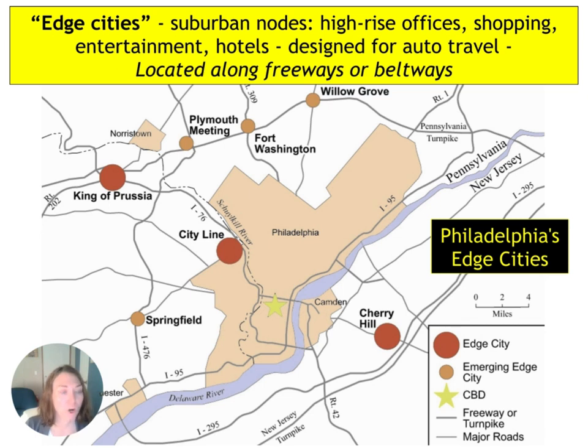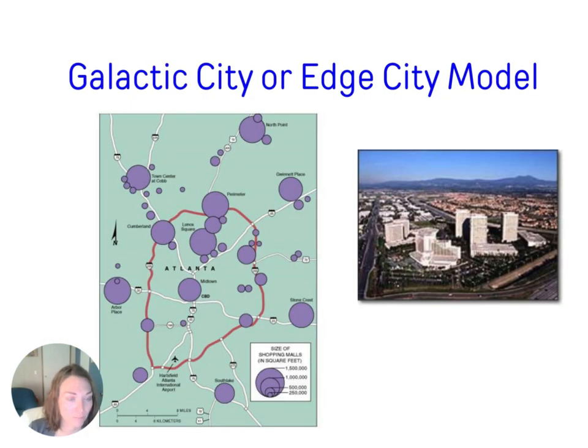So a little bit more on edge cities, these suburban nodes. They're going to have high-rise offices, shopping, entertainment, hotels. It's designed for automotive travel, and they're usually located along freeways or beltways. Sometimes you'll actually hear this called the galactic city model, and just remember that it is based on edge cities.